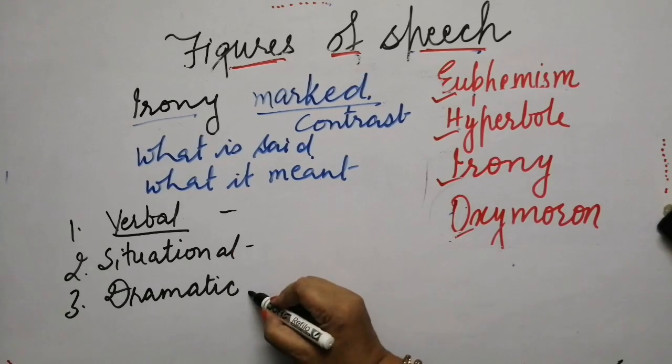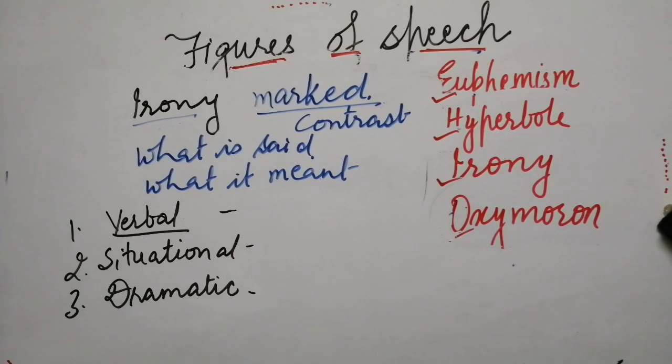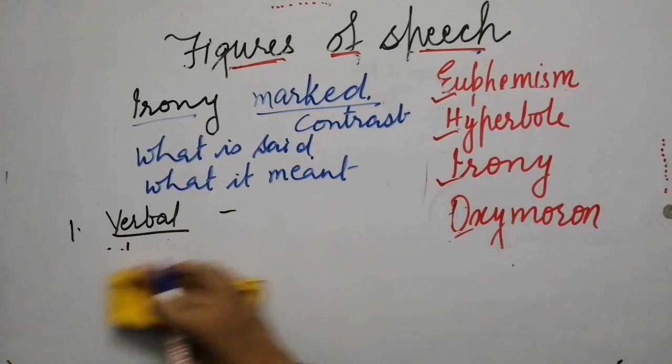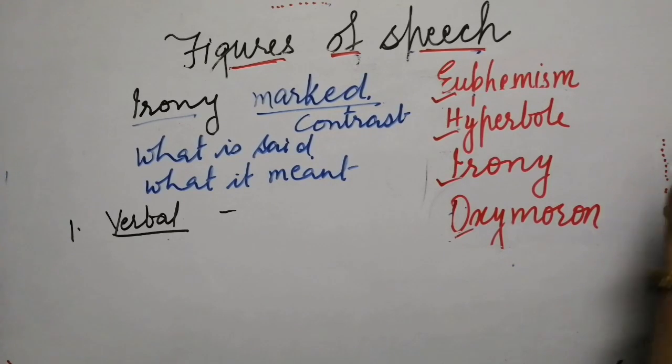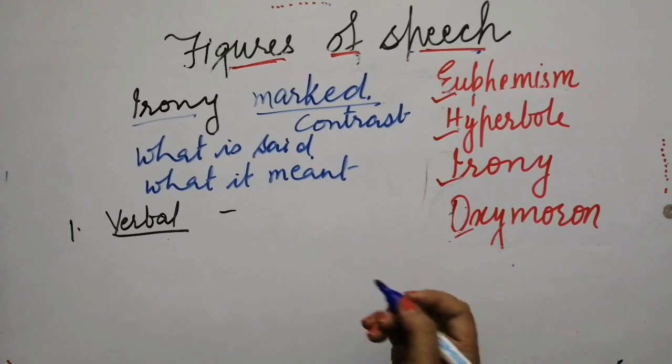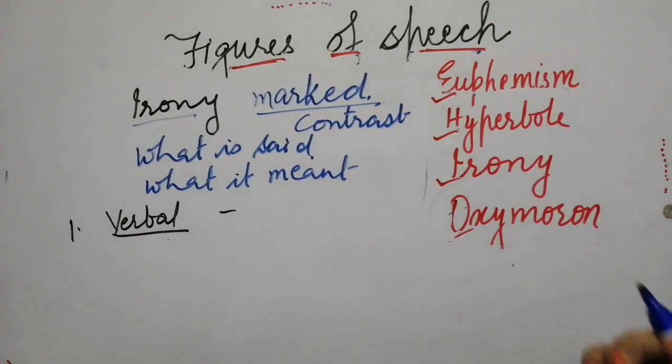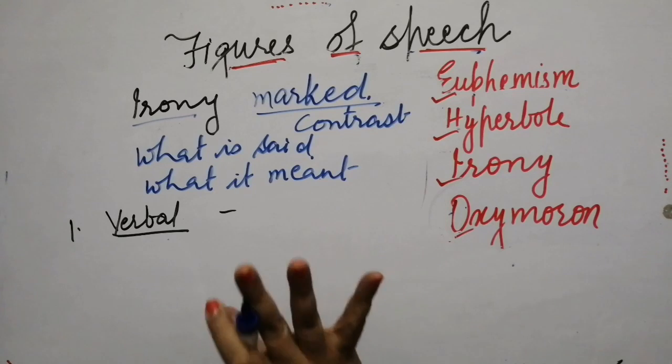Now what is verbal, situational and dramatic? Let's have some example there. Now verbal example, verbal irony, one by one we'll take. So first example I am taking. Verbal irony is when suppose something is said, whatsoever is being said and meaning is opposite, right? How it is?